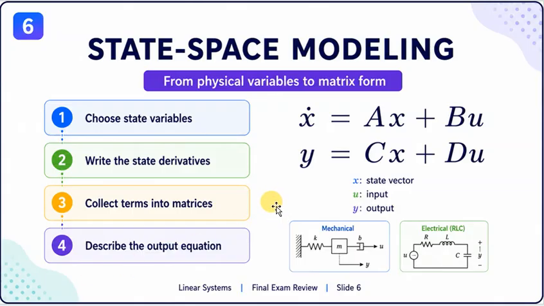Okay, and now we talk about state space modeling. Here we describe our system using matrices instead of a transfer function. So we use two main equations: x dot equals Ax plus Bu, which is the state equation, and the second is the output equation, y equals Cx plus Du.